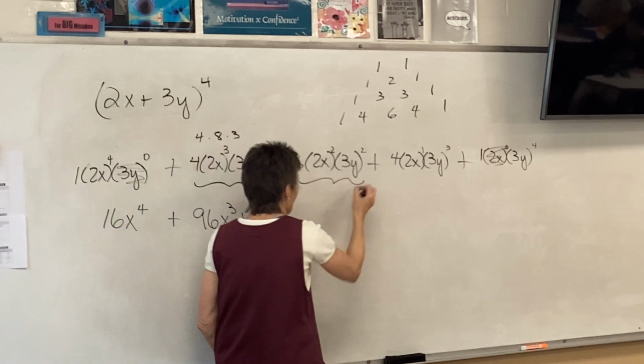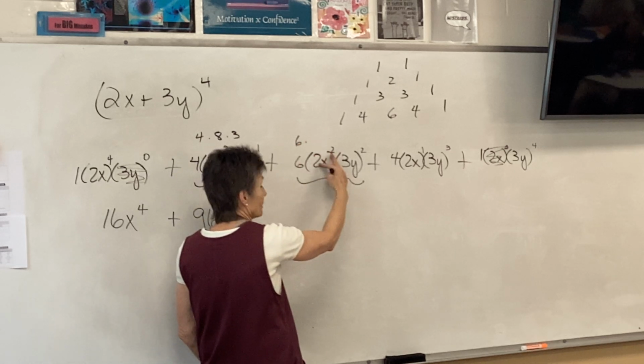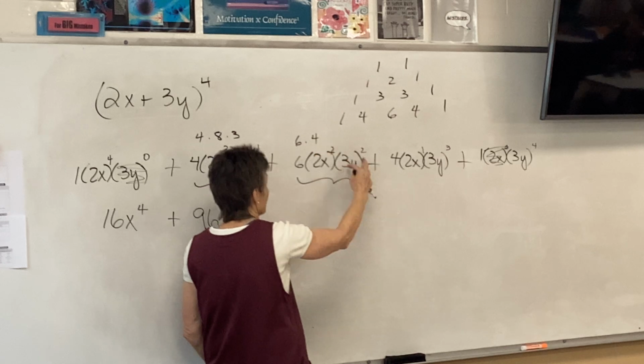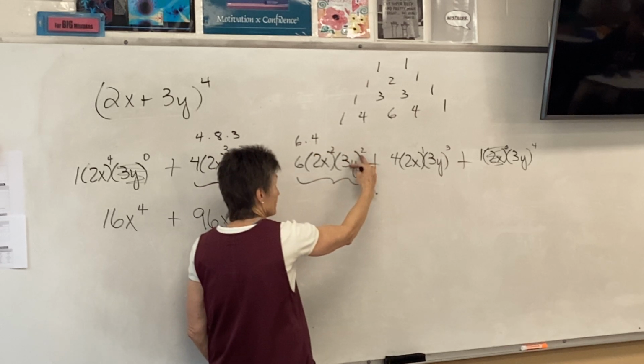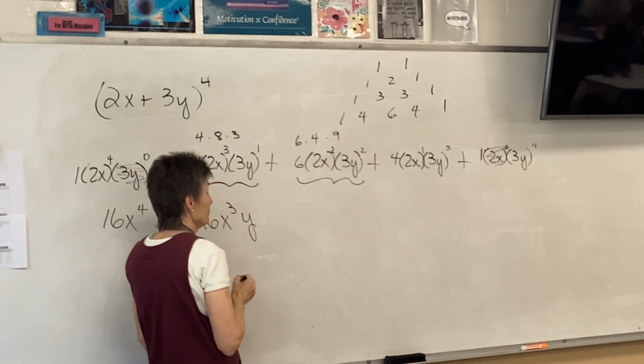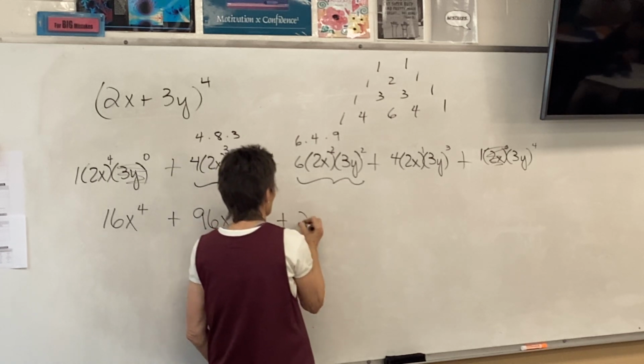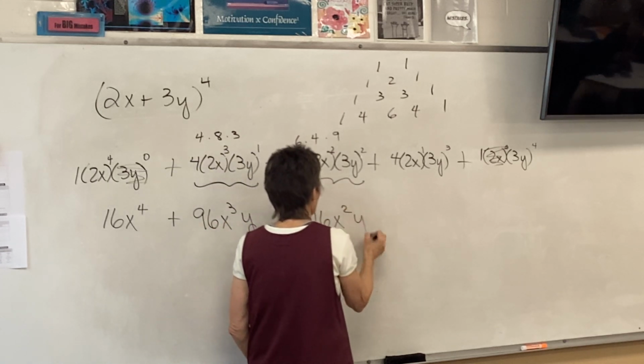Now we're multiplying 3 things again. What are we multiplying here? A 6, a 4, and a 9. 216, I don't know, is that right? 216. X squared, y squared.